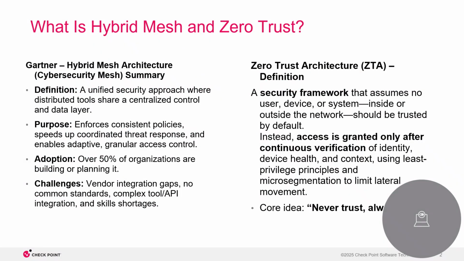With hybrid mesh architecture, or cybersecurity mesh, anyway you want to call it. First, what it is. The mesh architecture refers to current environments or modern day enterprises, what they use and where the perimeter is, which in short means it's everywhere.